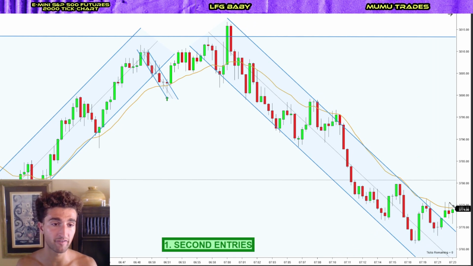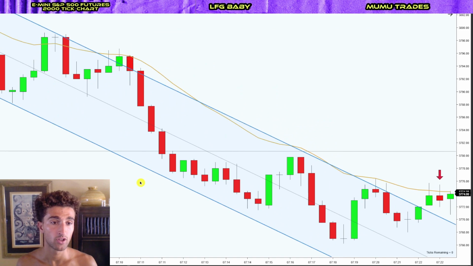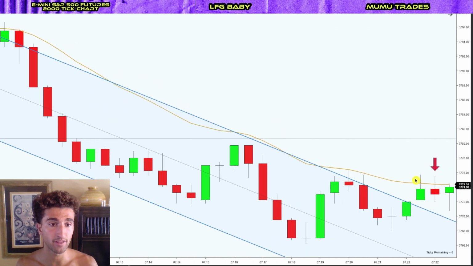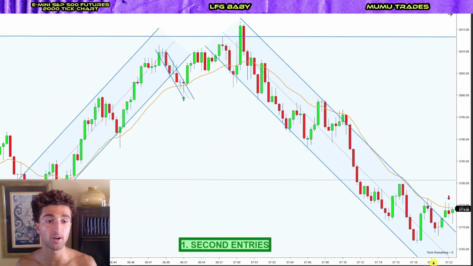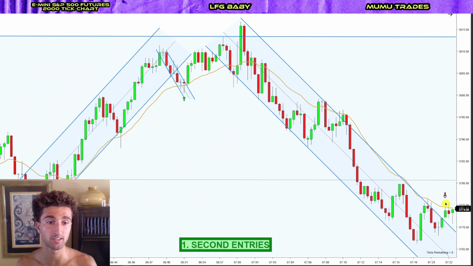The second entry short forms after this bearish bar. However, because this bar is higher than this bar, it's one tick higher, we can't use the bearish bar as a signal bar, and we must use the bullish bar as the signal bar, which means we'd have to skip this trade because the signal bar is no good.